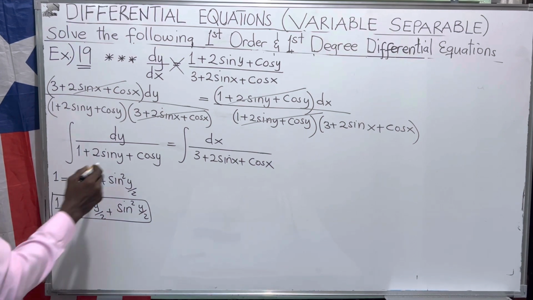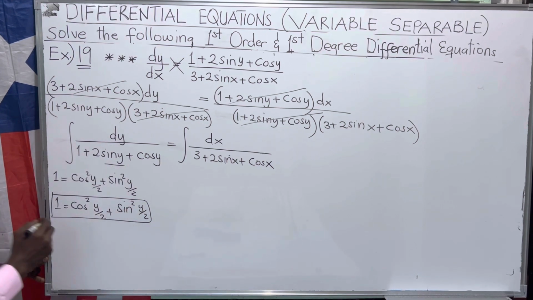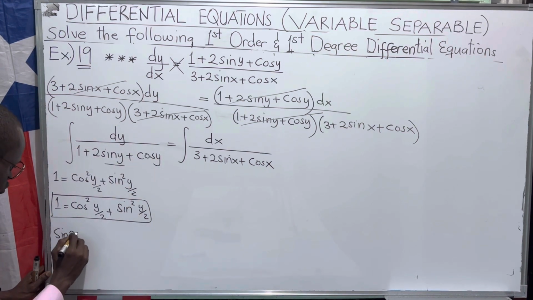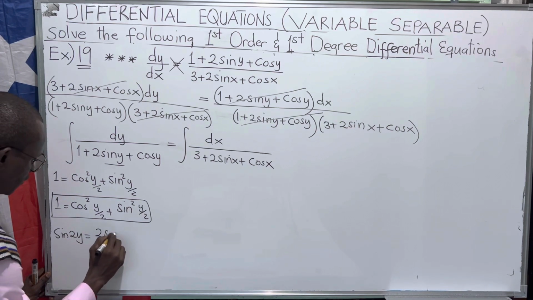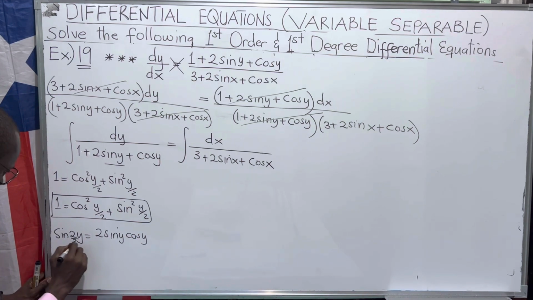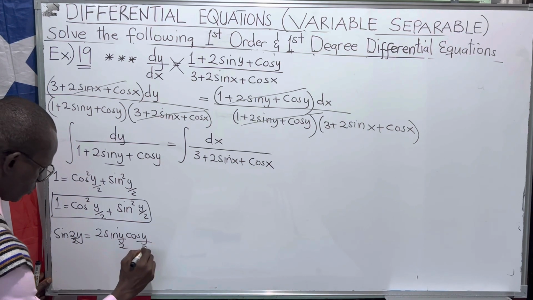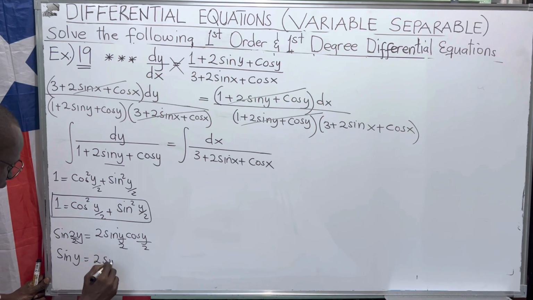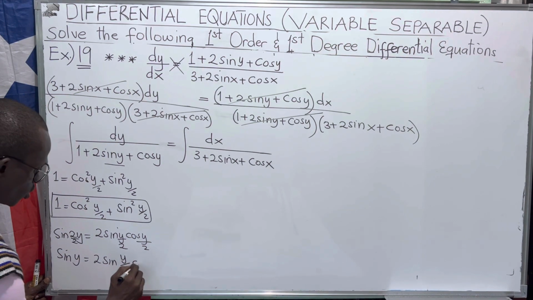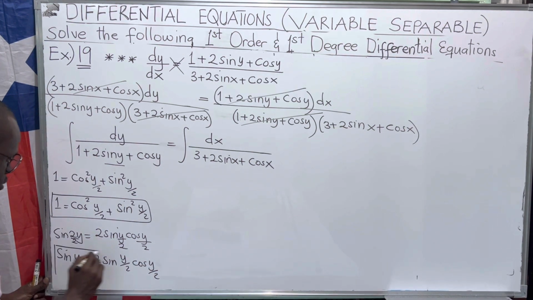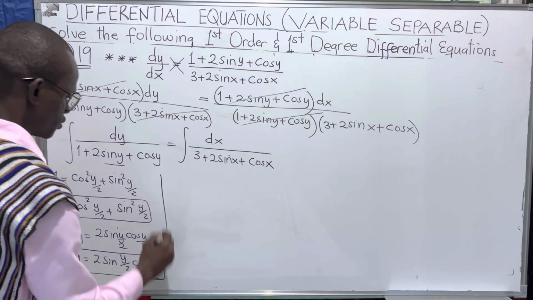The second one is that for this sine of y, we know that we can bring in the two identities, that is the double angle identity for sine and cosine. We know that sine of 2y is equal to 2 sine of y cos of y. So if we divide all angles by 2, we will have sine of y now to be 2 sine of y over 2 cos of y over 2. So this is another one that we want to use.